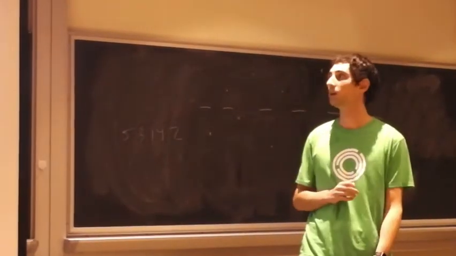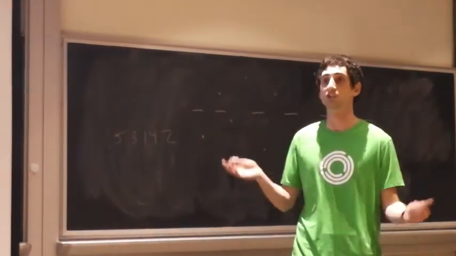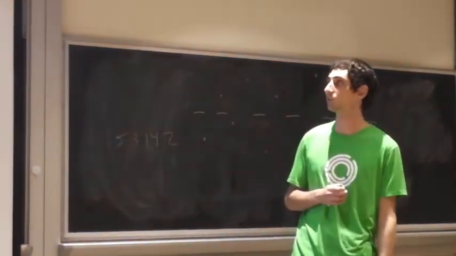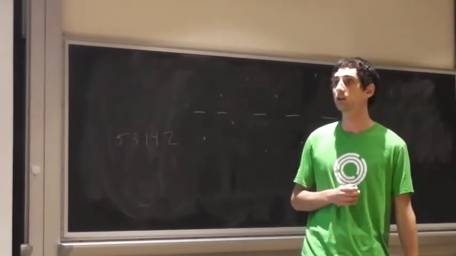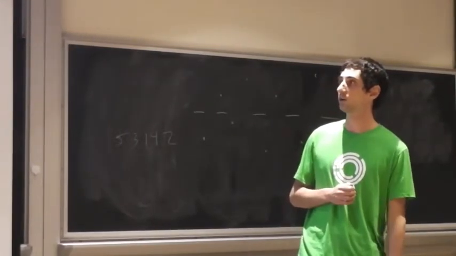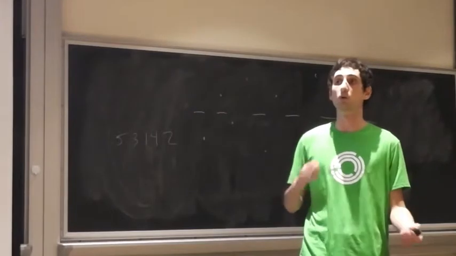So far what I've talked about are two techniques of counting these pattern avoidance classes that have existed for at least 10 years. And so what I want to talk about now is what the original work is.